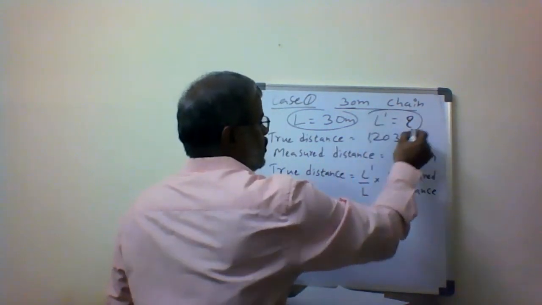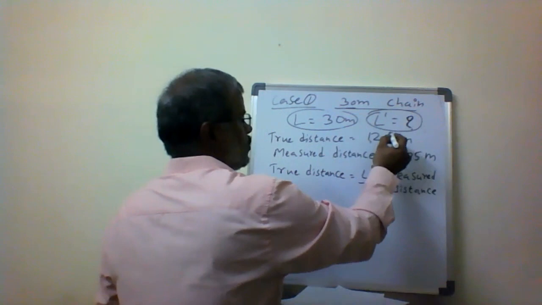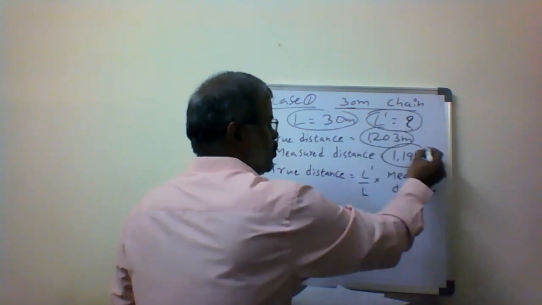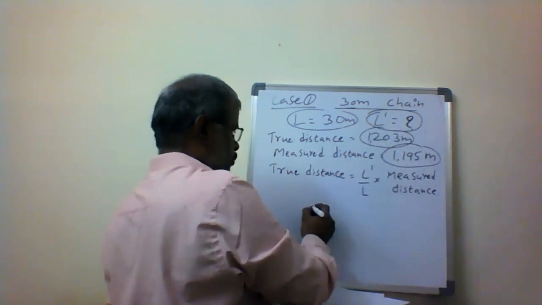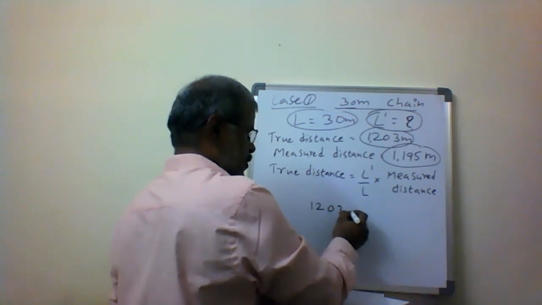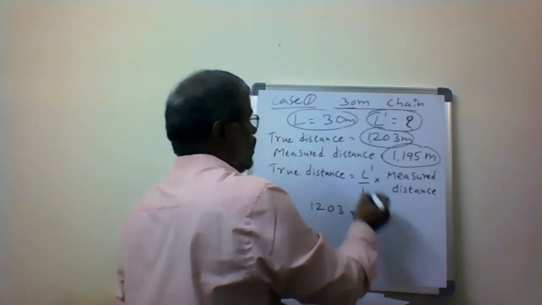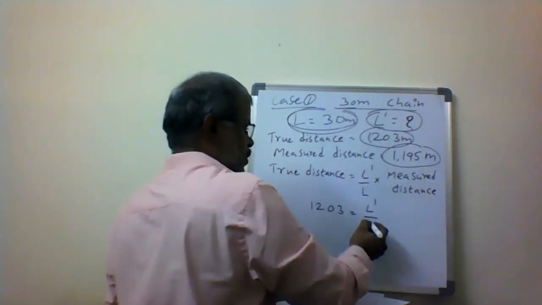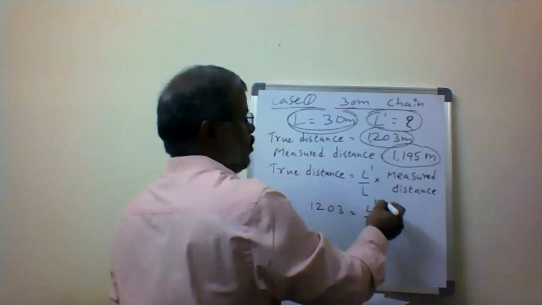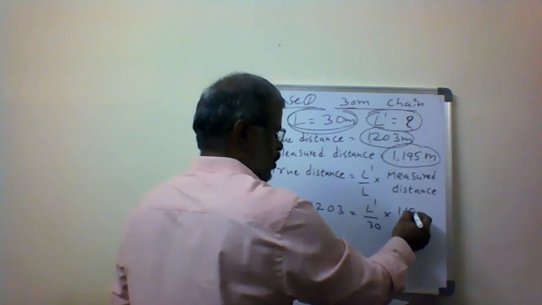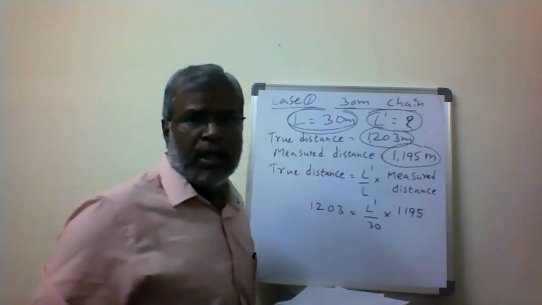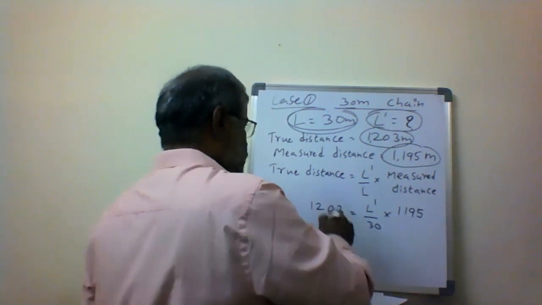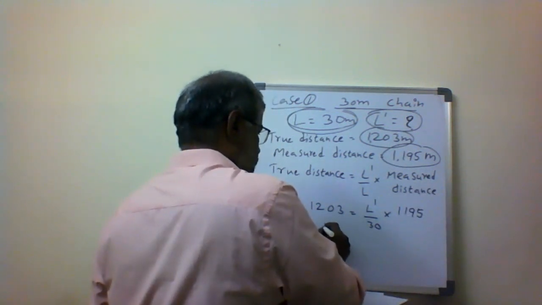L dash is unknown, true distance is known, measured distance is known. The true distance is 1,203, L is 30 meters, and the measured distance is 1,195.